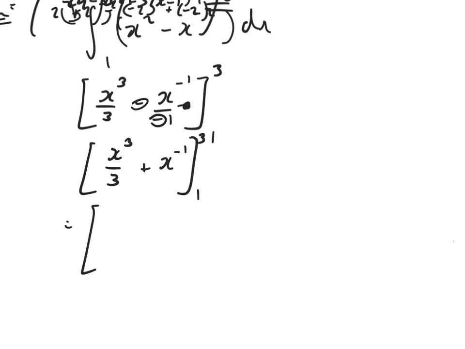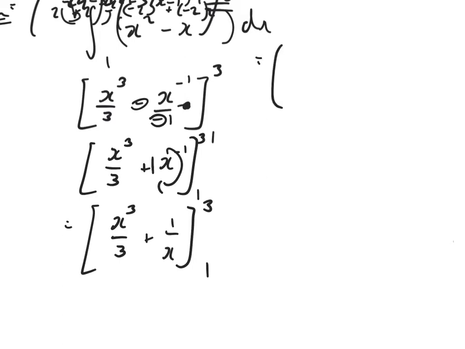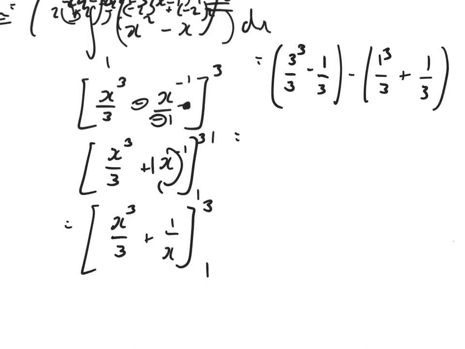I can then bring that back down, x cubed over 3 plus 1 over x, between 3 and 1. Okay, let's do the substitution, so it's going to be 3 cubed over 3 minus 1 over 3 minus, open up, 1 cubed over 3 plus 1 over 3.